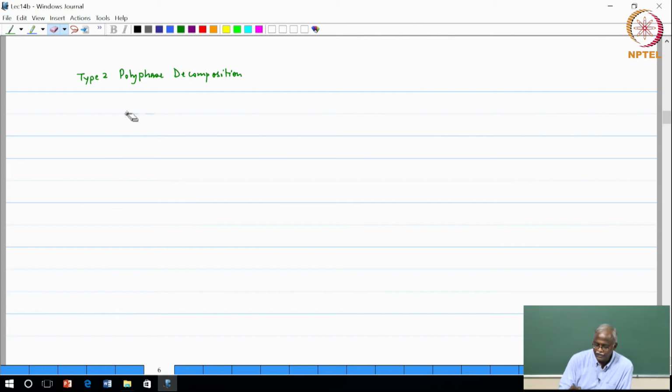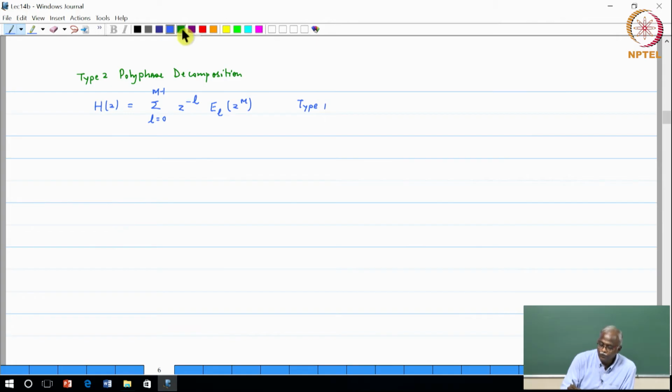Notationally it is exactly the same. I take a polynomial h of z and split it into sub polynomials exactly like before: L equal to 0 to m minus 1, z power minus L, and then the sub polynomials. If I write it as E L of z power m, this is type 1.